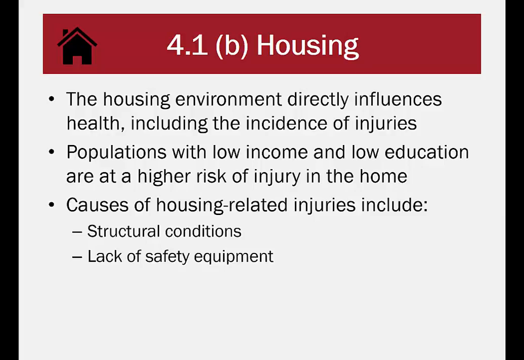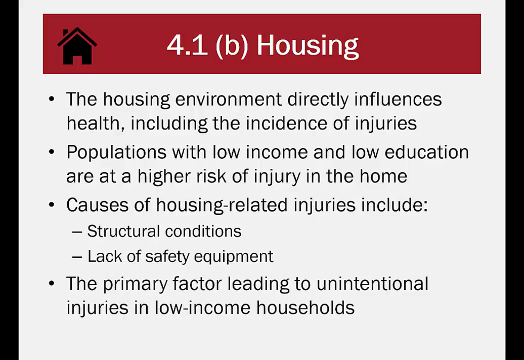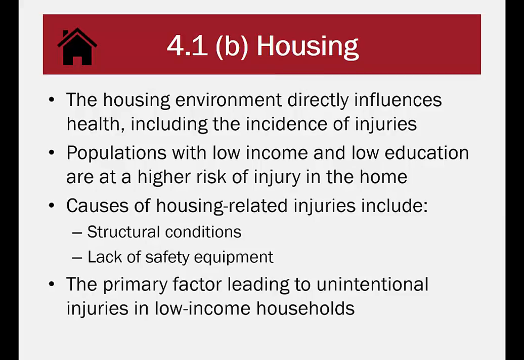In any home, lack of safety equipment, such as gates or handrails, can increase the risk of injury for seniors and children. In fact, the home environment is identified as a primary factor leading to unintentional injuries in children in low-income households. Next, we'll examine care settings.